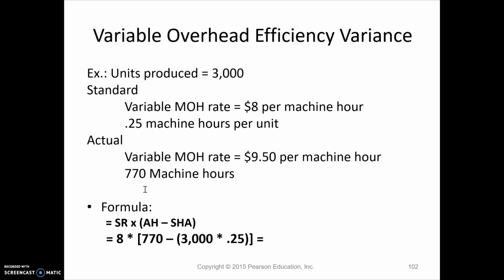And then our standard hours allowed we said was 3,000 units. Each one should have taken 0.25 hours. So that was 750. So 20 times 8 gives us 160 as a variance. Since the actual hours were more than the standard hours allowed, that's an unfavorable variance.